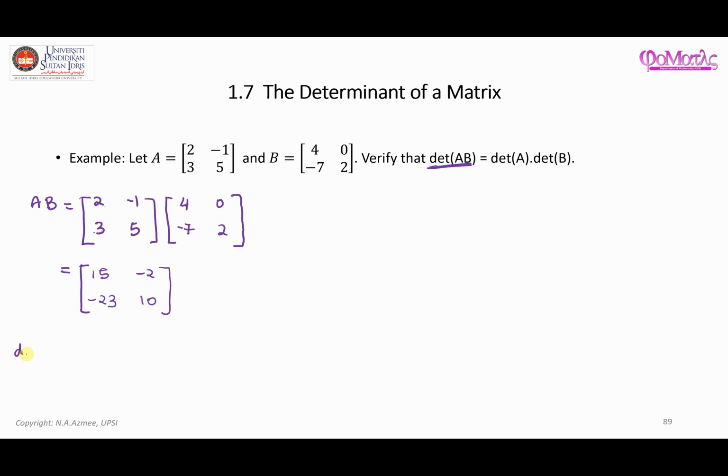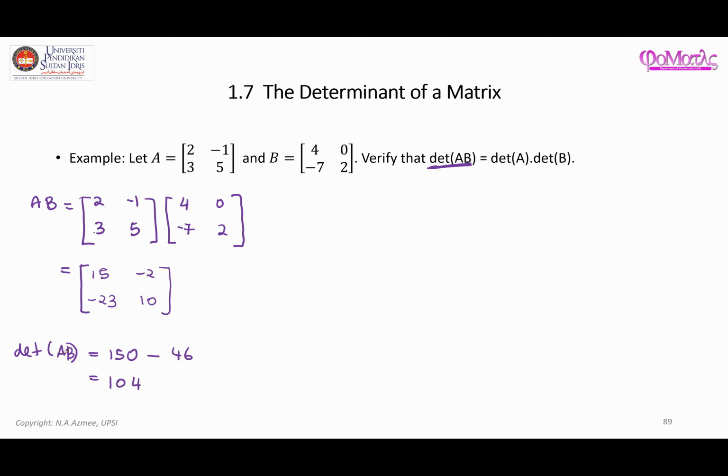Now, to find the determinant of AB, this is quite easy. We can obtain the determinant of this matrix by cross multiplying these two items. So we have 1, 5, 0 minus, this one is going to be positive, so minus 46, and the result is equal to 104.